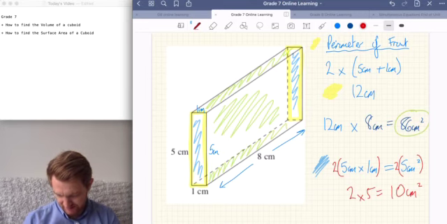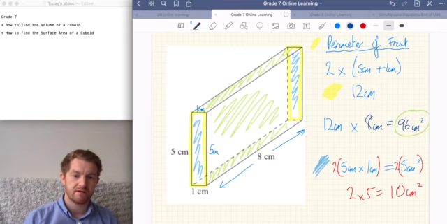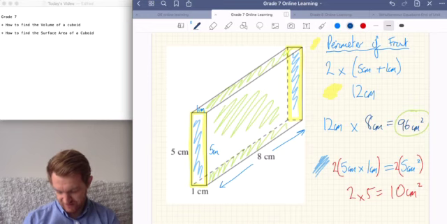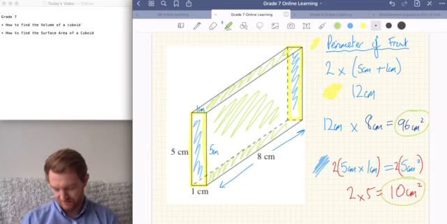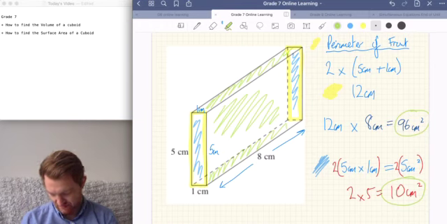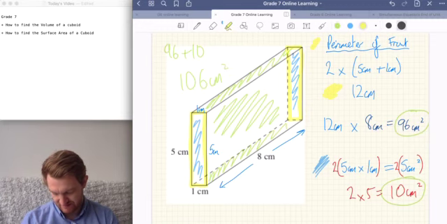That's not 86, that's 96. Just notice that. That's embarrassing. That's okay. So we've now got this 10 here. And if we put those together, 96 plus 10 is 106 centimeters squared, and that is our answer.